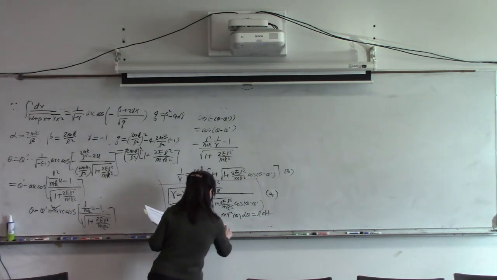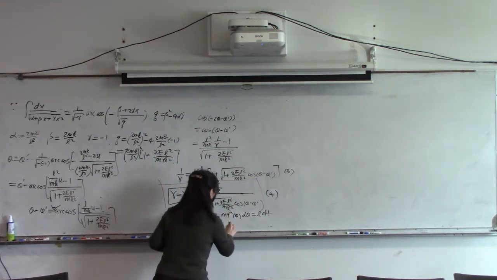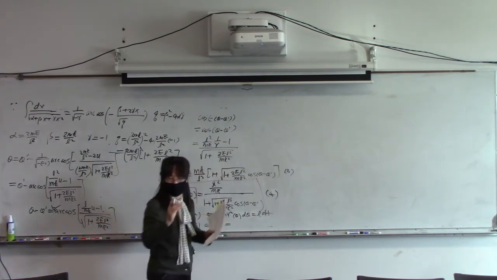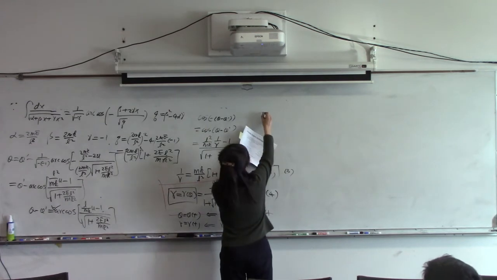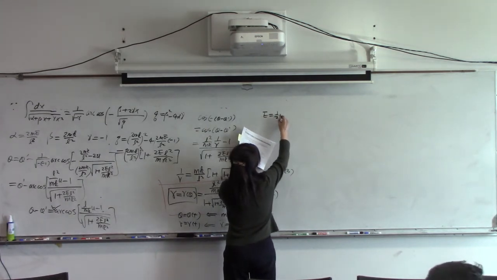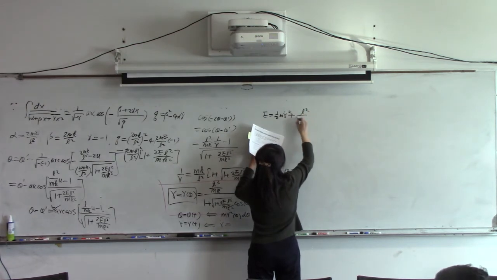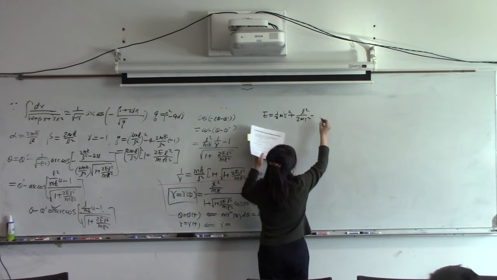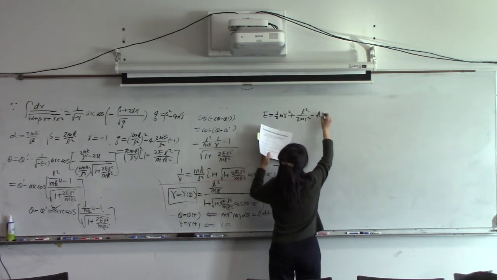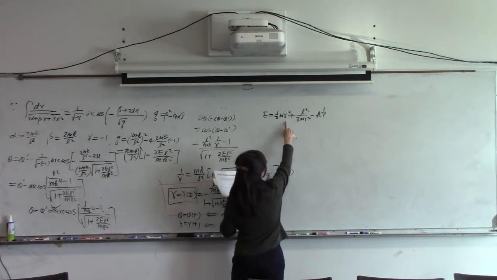Do you remember r dot is from energy conservation? Square root of, because the energy is half m r dot square plus L square over 2 m r square minus k over r, right?